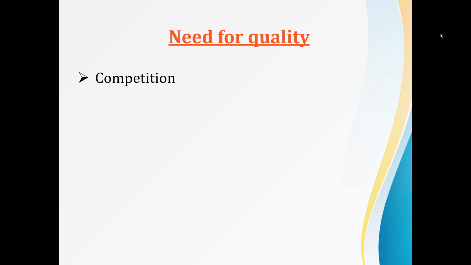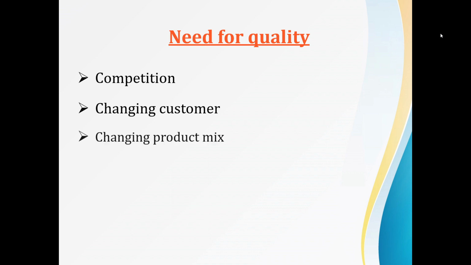And the second one is changing customers. Day by day the customers' expectations and requirements are changing, so we should assure good quality or better quality products. So that is the second criterion. And third one is changing product mix. Today the scenario is changing, right?